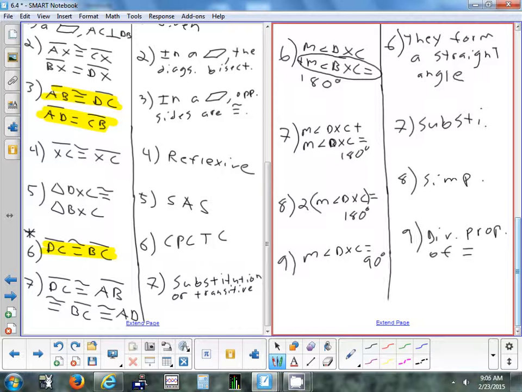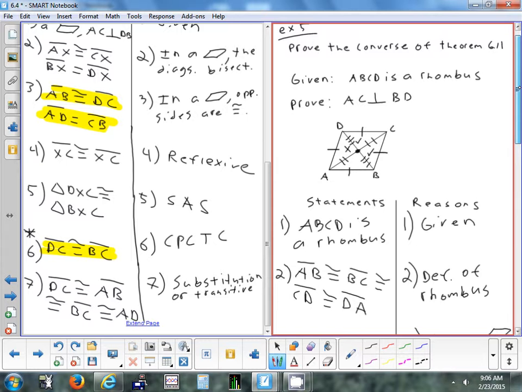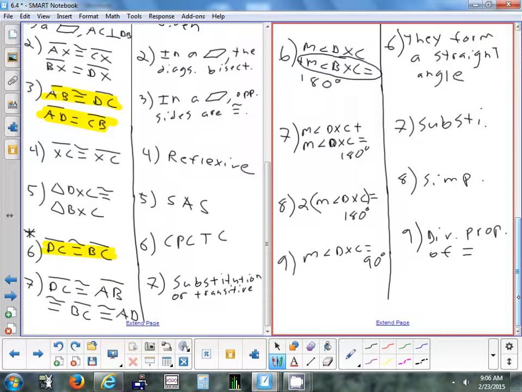And now my last step is basically to say what I've proven. AC and BD are perpendicular. Okay, and the reason? Well, definition of perpendicular lines. We formed a right angle, which means these are perpendicular.